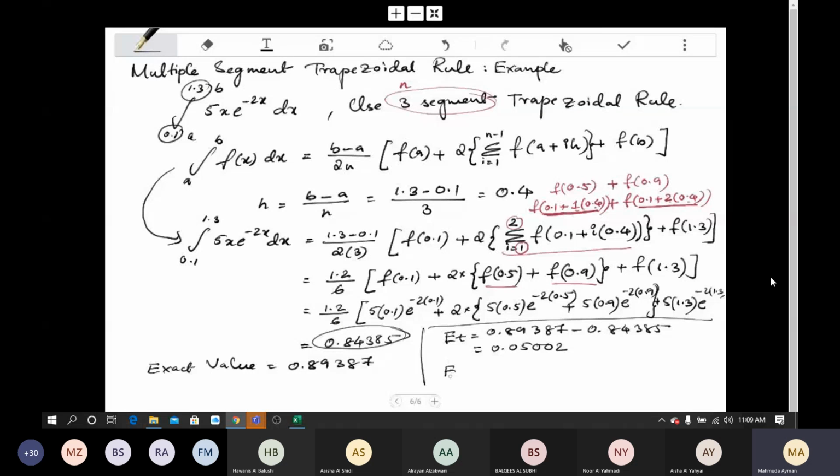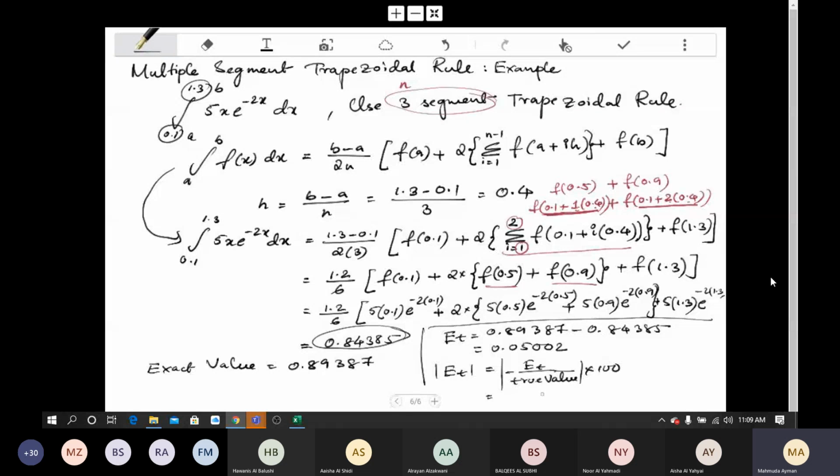And now if we calculate the relative true error, we have the true error divided by the true value times 100.